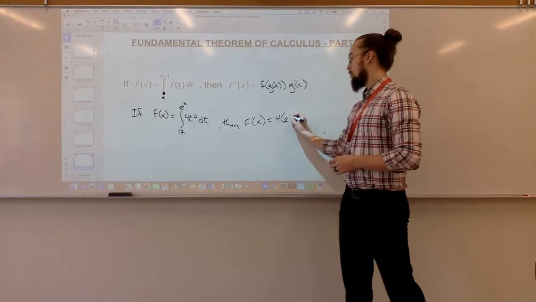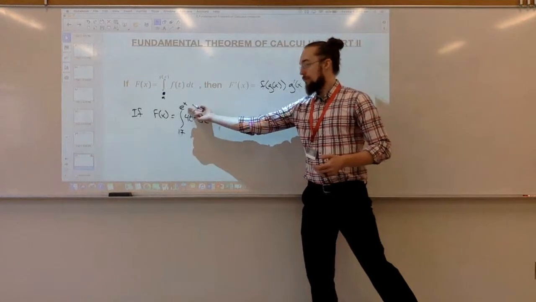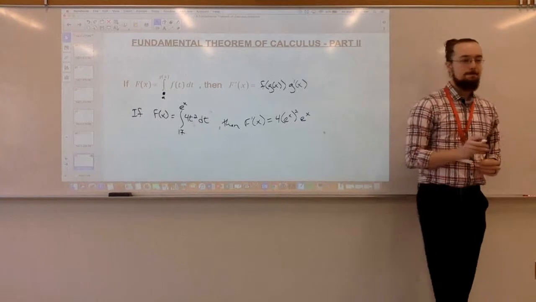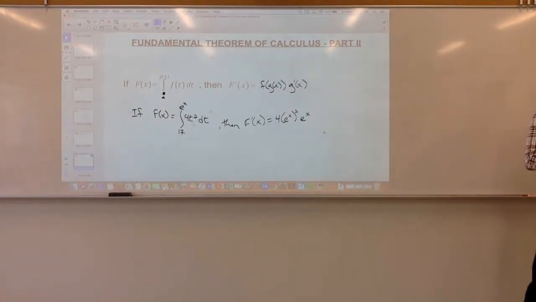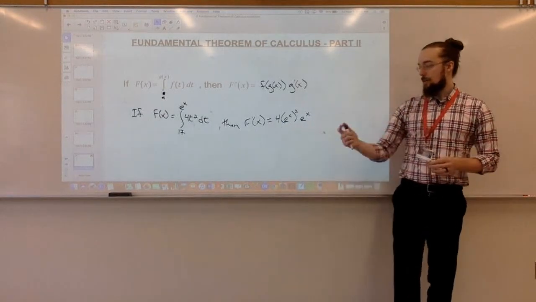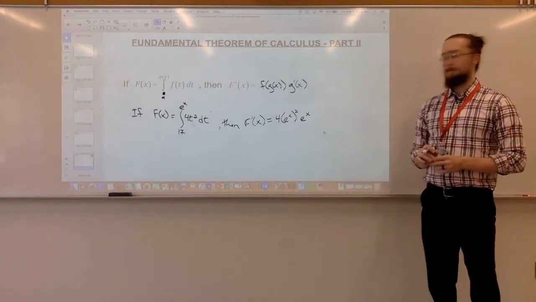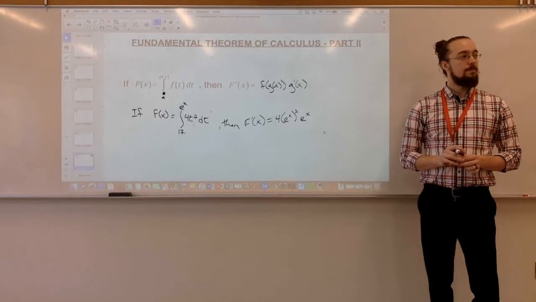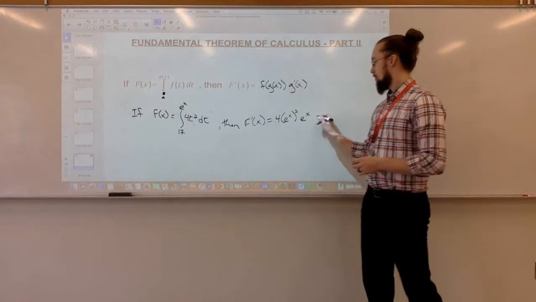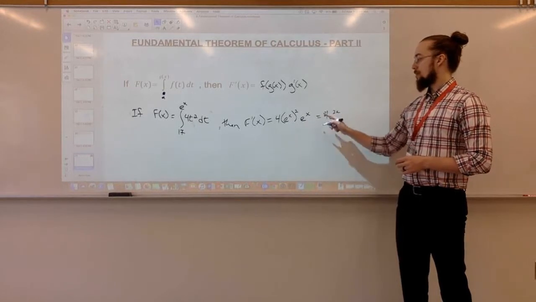Four times e to the x squared, then times the derivative of e to the x, which is e to the x. Now, using a little bit of algebra, how could I clean this up? So this part would be e to the 2x.